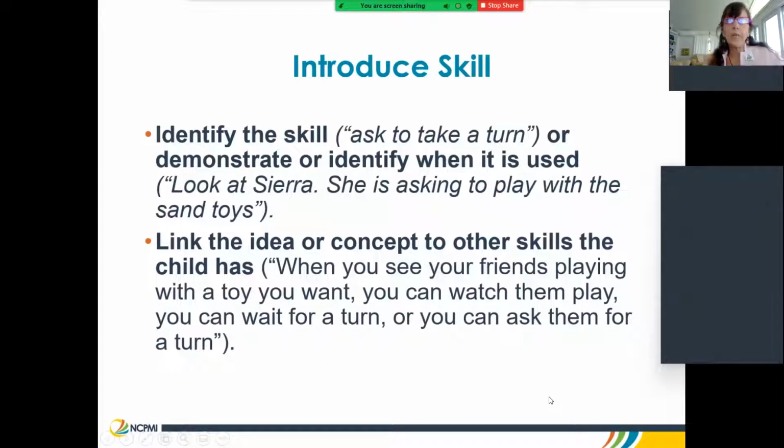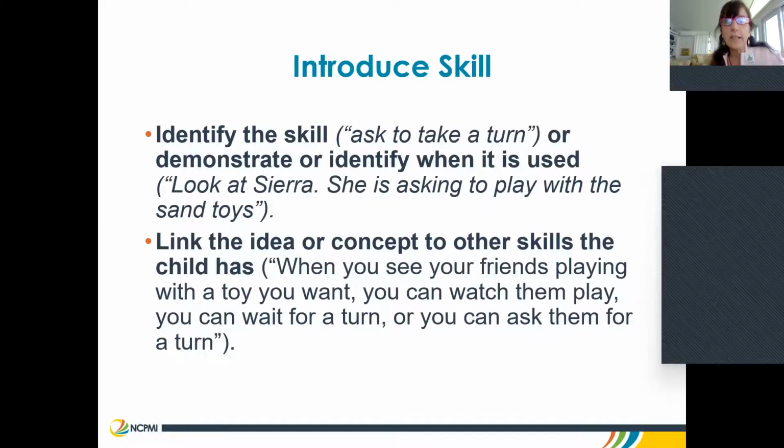When we're thinking about the skills, like ask to take a turn or share, we identify the skill or demonstrate or identify when we see it being used. Look at Sierra, she's asking to play with the sand toys. Then link the idea to other skills the child already has.